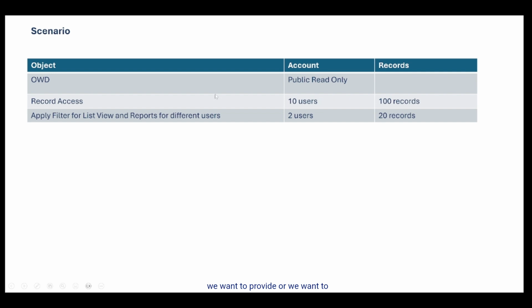Now we want to create some scope for the list view or the report, so that for 2 users only 20 records should be visible in that list view. However, the other users should be able to see all of those 100 records. So in that case, we can go for the scoping rule. We can create the scoping rule, and then you have to apply the filter by scope in the list view and the reports to make it available for those users.